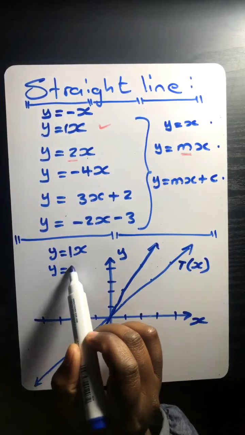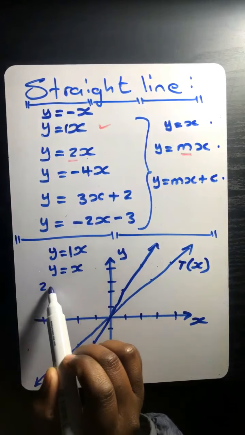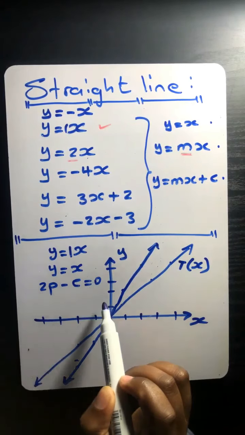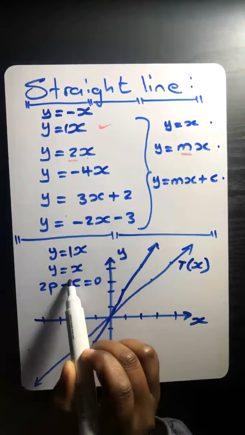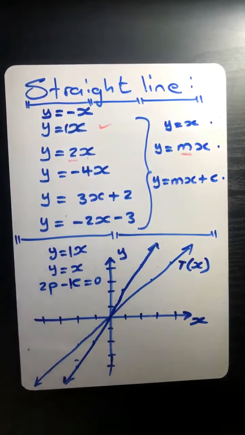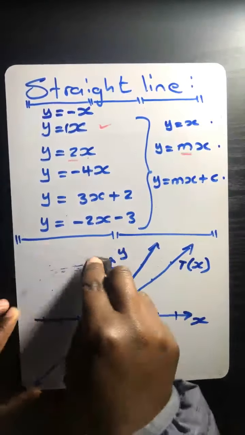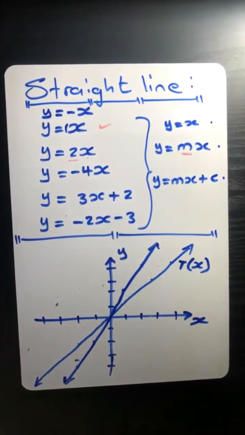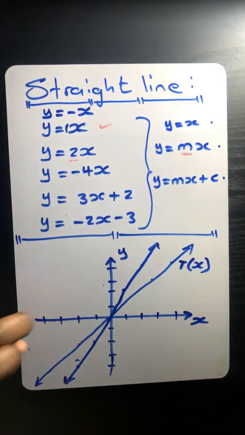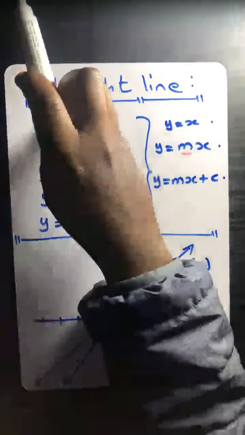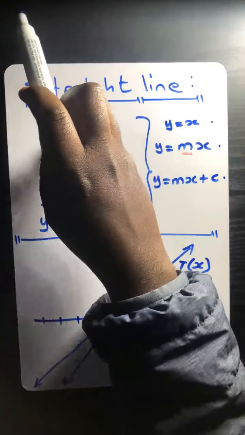You just say y is equals to x, just like when you say 2p minus c is equals to 0. You know there is 1c, but it's not necessary to write that one over there. So at all times it's not necessary to mention or write that one. Good people, I just wanted to give you a sense of why we have one over there, but it's not necessary to write.